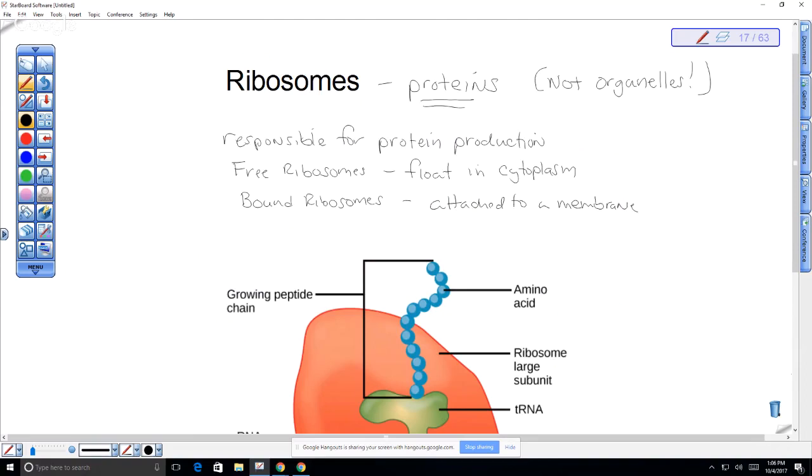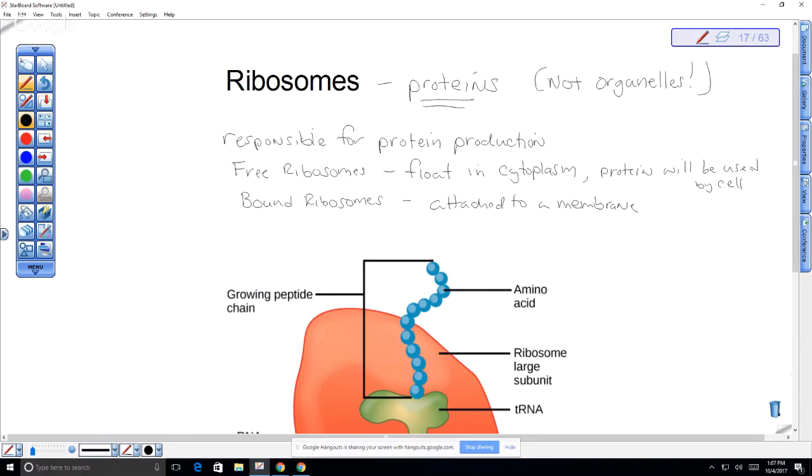The difference depends upon where the protein that is being produced is going to be used. So if it's floating in the cytoplasm, it's going to be a protein that is used by the cell itself. Let's say it's an enzyme that's going to allow the cell to digest stuff. It's going to be used in the cell, so it's produced by the free ribosomes.